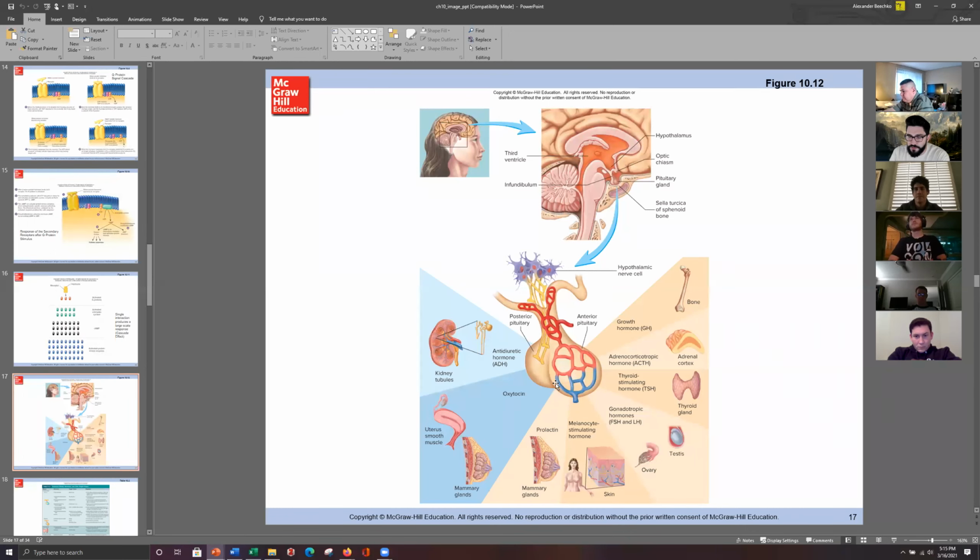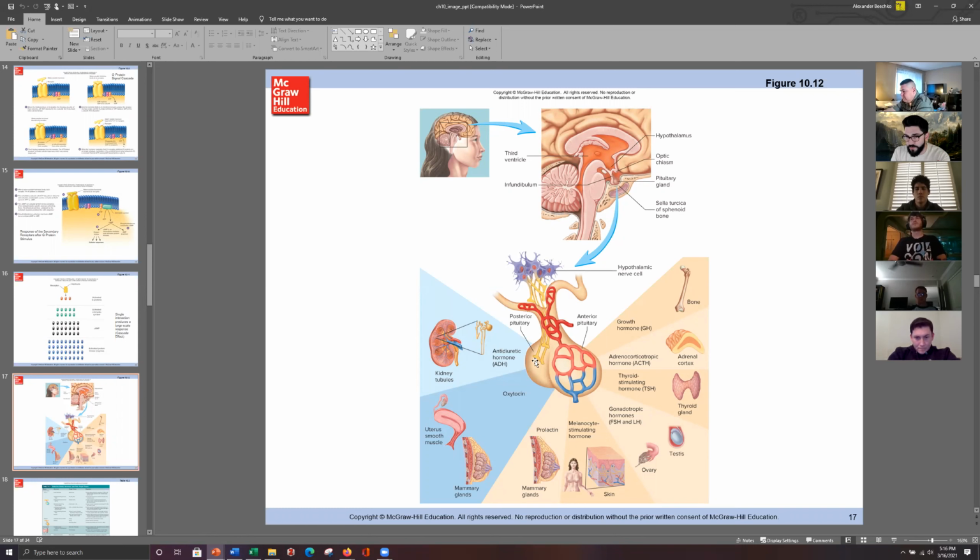Right? It's a little bit different from the posterior pituitary gland, where remember, the posterior pituitary gland doesn't actually produce antidiuretic or ADH hormone or oxytocin, but only releases them. These hormones are specifically produced by neurons within the hypothalamus. So there's a specific nucleus in the hypothalamus that has nerve fibers that extend down into the posterior pituitary.